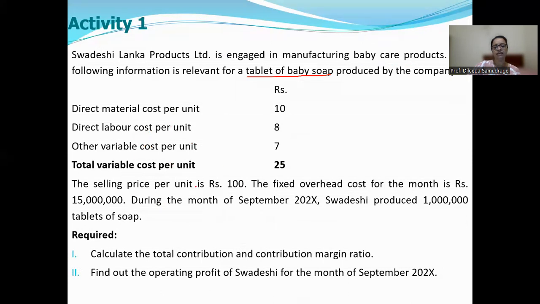Selling price is 100. Fixed overhead cost is 15 million. During the month of September, this company produces 1 million tablets of soap. You have to find out the total contribution and CS ratio. Find out these two things and tell me.